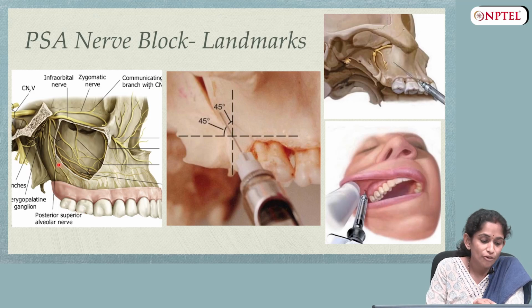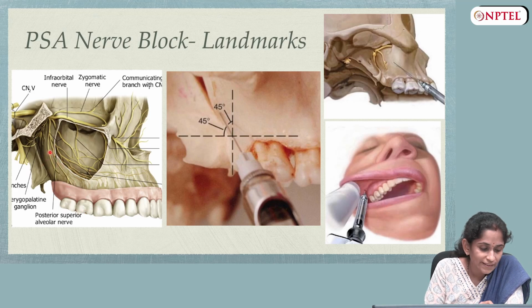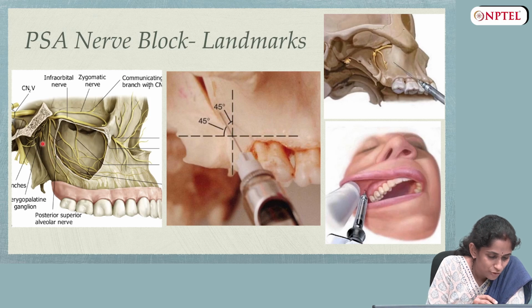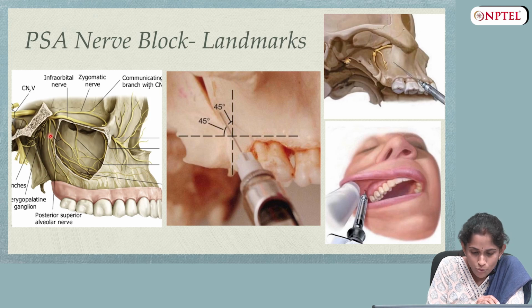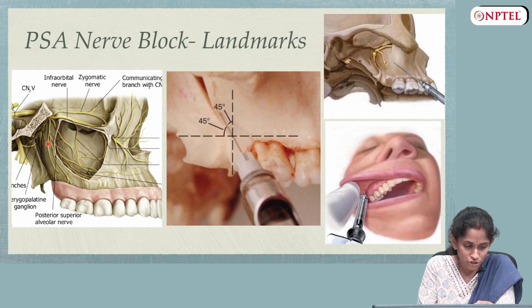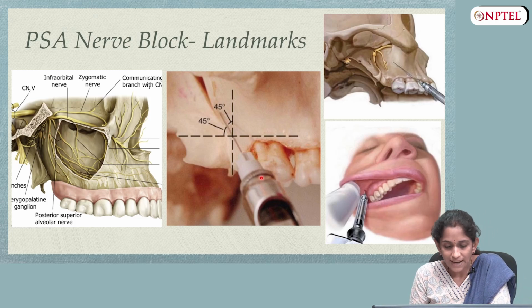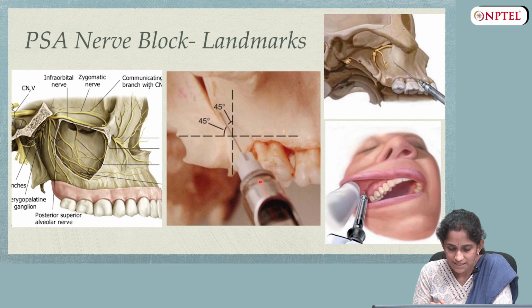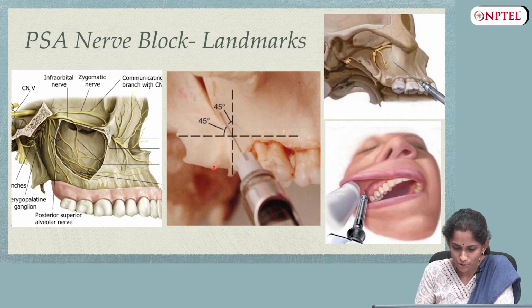Now, when you have to reach this point, what are the landmarks that we have? We have to reach the posterior surface of the maxilla to block this nerve somewhere here. So, how do we reach this? The landmarks that we need to consider are the second molar tooth, the maxillary tuberosity and the mucobuccal fold.